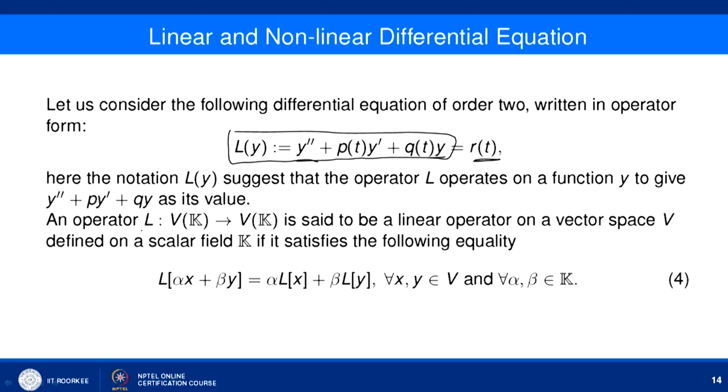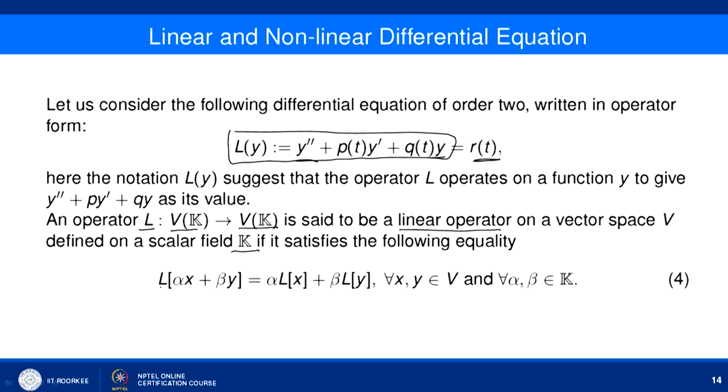So, we can consider that L is an operator from Vk to Vk, where V is a vector space defined on this scalar field K. Let us say that an operator L defined from Vk to Vk is said to be a linear operator on a vector space V defined on a scalar field K if it satisfies the following equality. What is this equality?